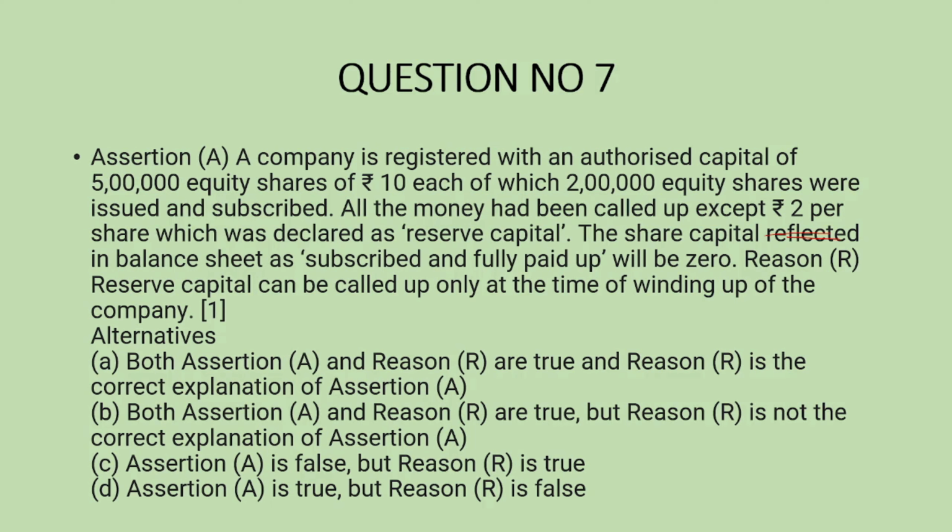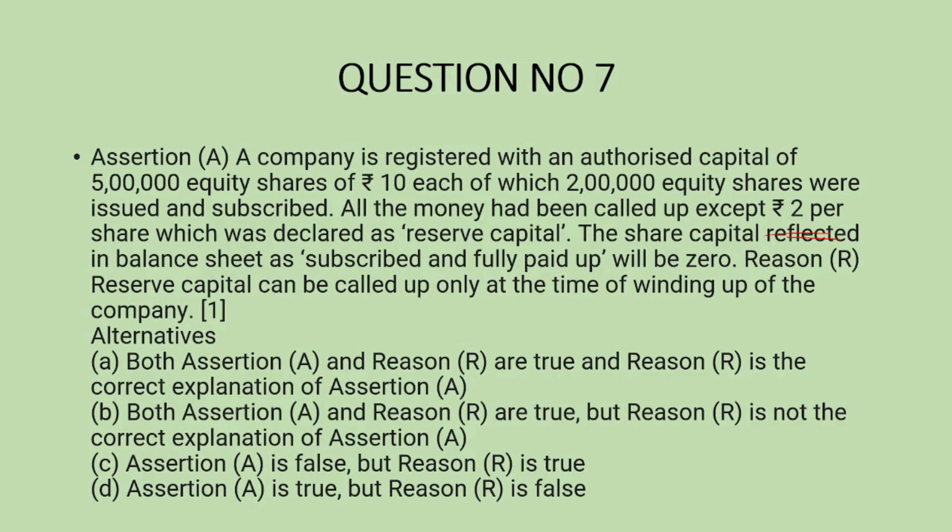The share capital reflected in the balance sheet as subscribed and fully paid up will be 0. The reason R is that the reserve capital can be called up only at the time of winding up of the company.